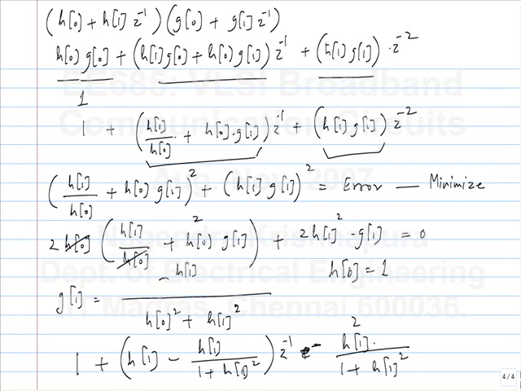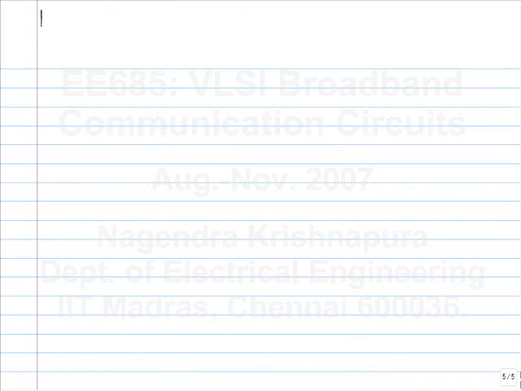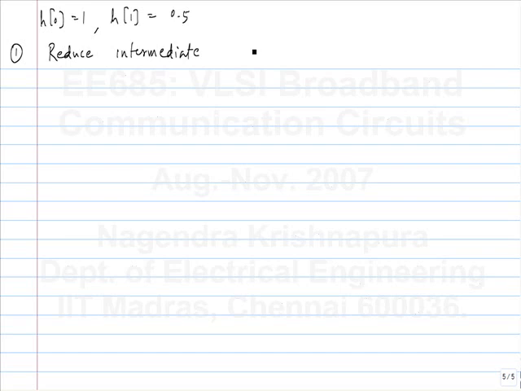So let's take an example. H0 is 1 and H1 is 0.5. So in the first case, where we reduce the intermediate tap to 0, what would be the tap weights? This is the method that we discussed in the previous class.